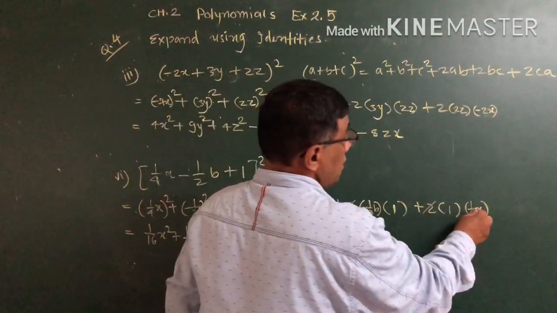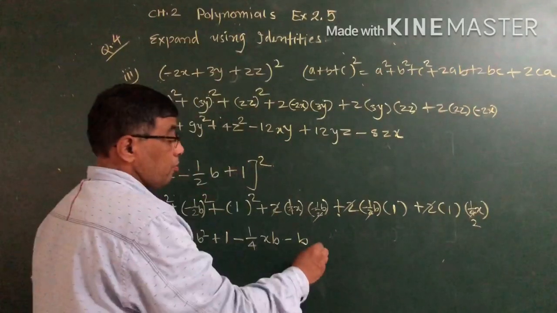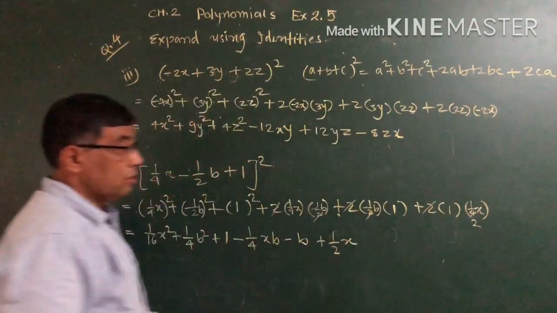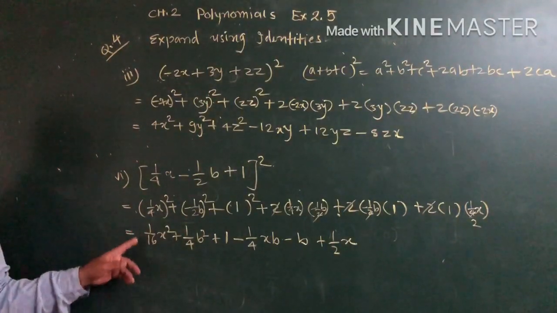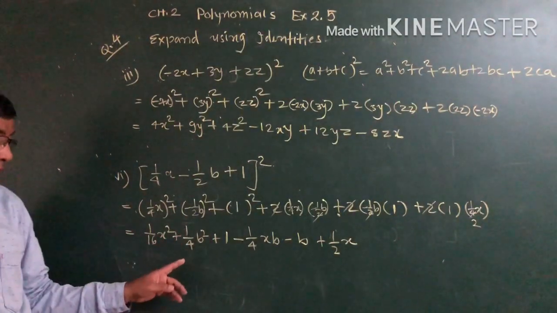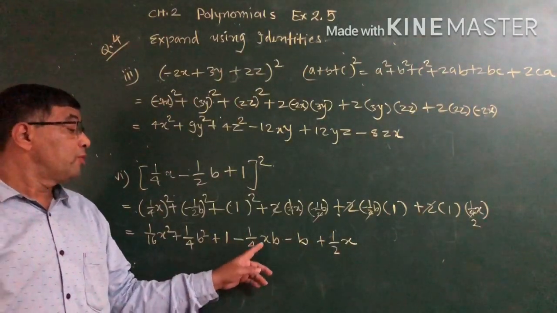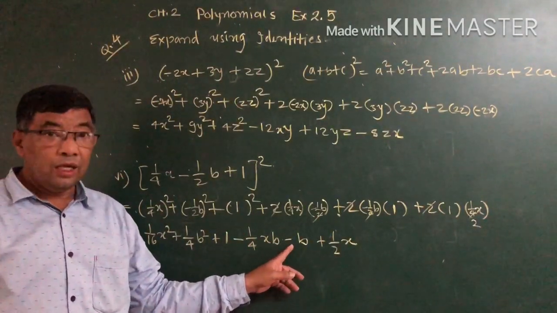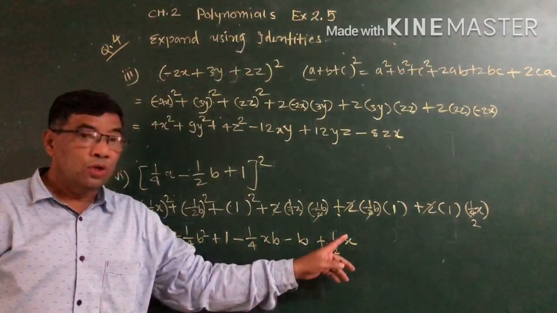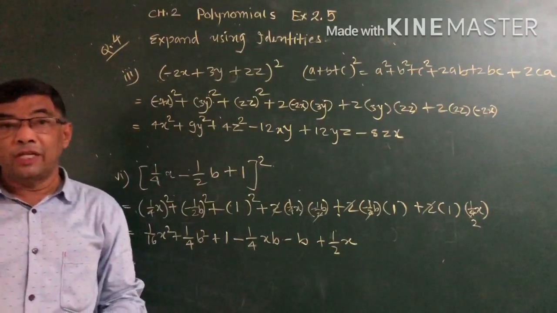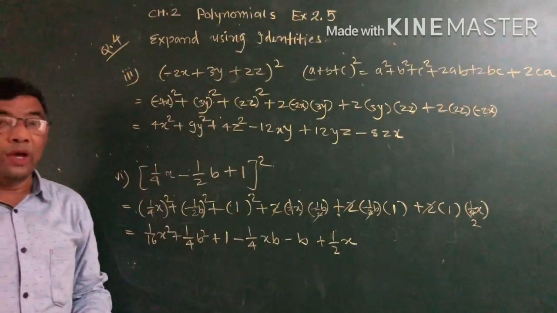Here we cancel. 2 is coming here, so plus 1 by 2 and then x. So the answer is 1 upon 16 x square plus 1 upon 4 b square plus 1 minus 1 upon 4 xb minus b and plus 1 by 2 x. This way we use the identity a plus b plus c whole square here.